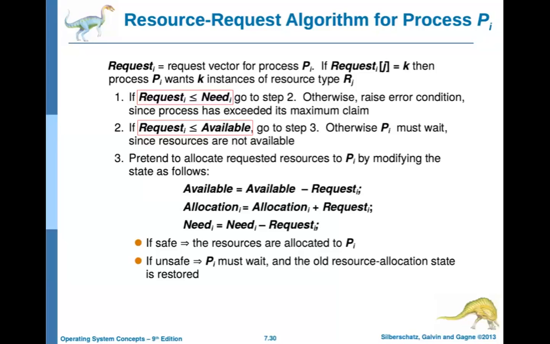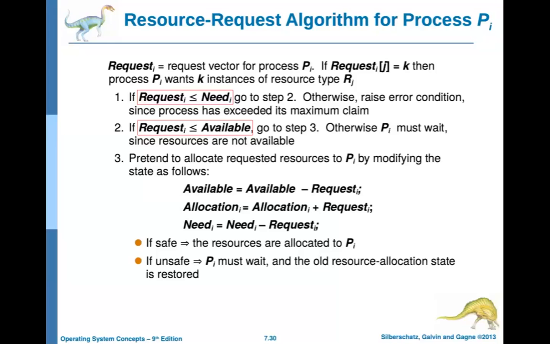Then we'll go to step 3. Otherwise, this process has to wait for others, because the demand of this process is greater than the available resources. Assuming the conditions are true, if the first condition is true, we go to the second step. If the second condition is true, we go to the third.